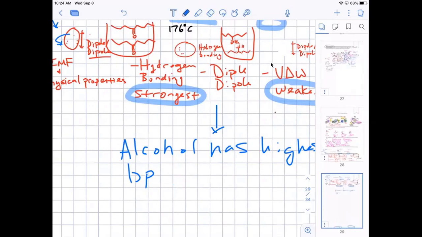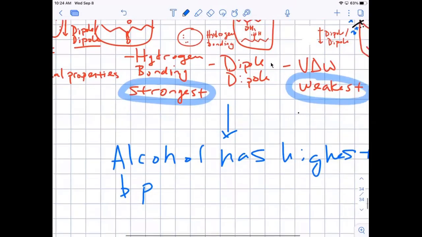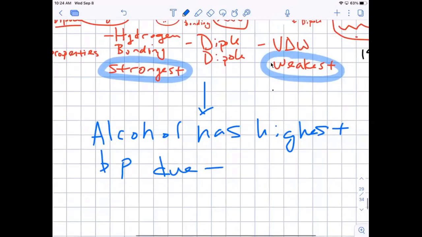Right, so what you're comparing again is the intermolecular forces that are holding these things together. Right, so that has the highest boiling point because of the hydrogen bonding.